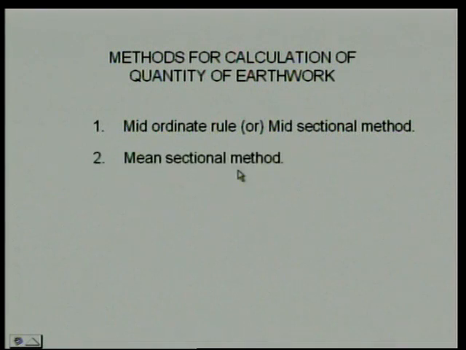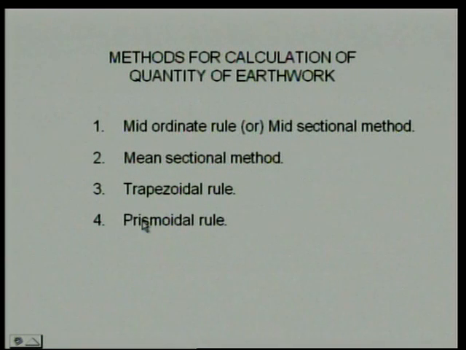The second method is mean sectional method. The third method is trapezoidal rule. The fourth one is prismoidal rule. These are the various methods for estimating the quantity of earthwork. Now, let us discuss these methods, each one by one.